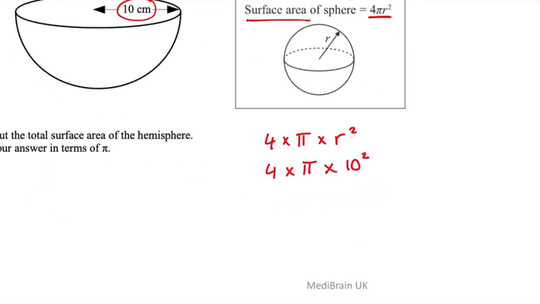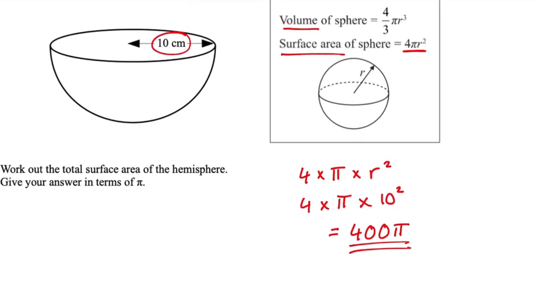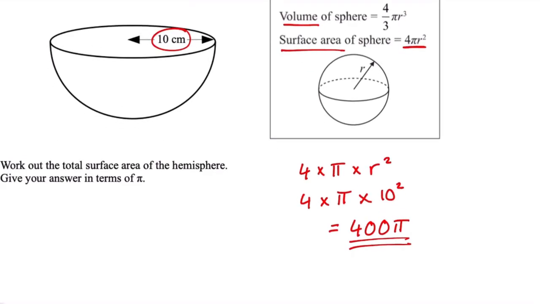Now if you type this into your calculator, you're going to get an answer of 400 pi. This is the surface area of the whole sphere if we had a whole sphere, but we don't. We only have that full sphere cut in half.